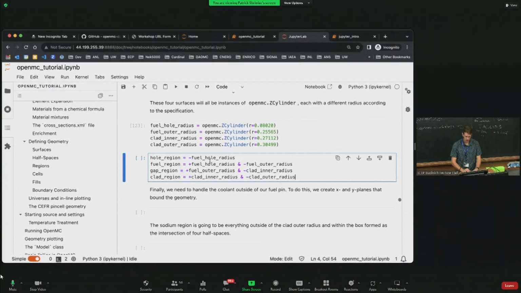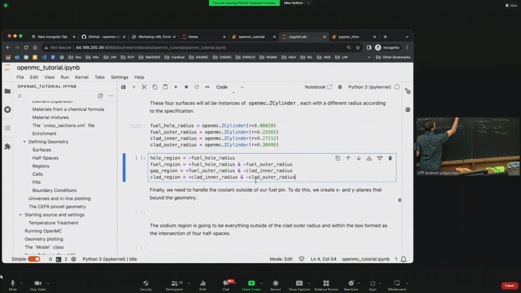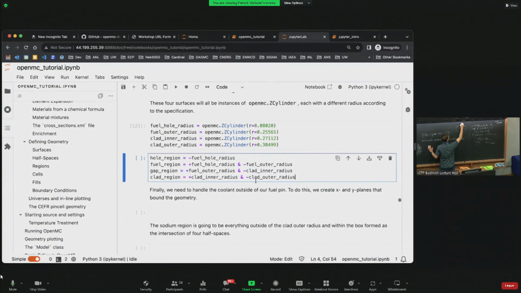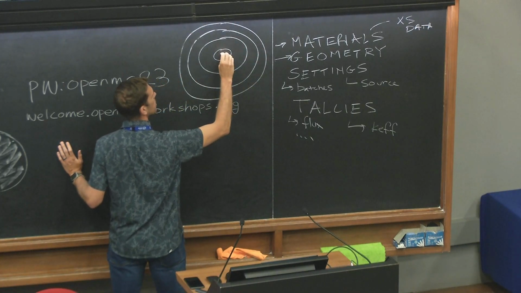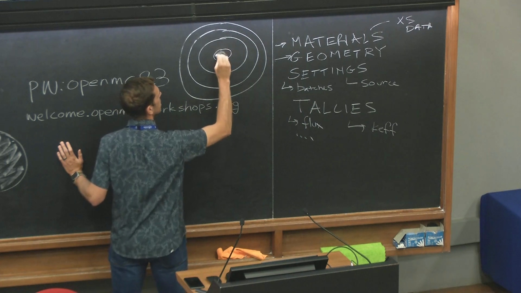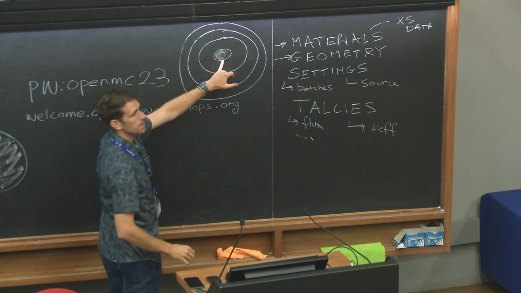And then finally, so we have all these regions. Where's my chalk? All right. So we have the fuel hole, we have the outside of the fuel, we have a gap, or I guess this would be the inside of the cladding, and this would be the outside of the cladding. So we have our hole here, that's just the inside of this first surface.